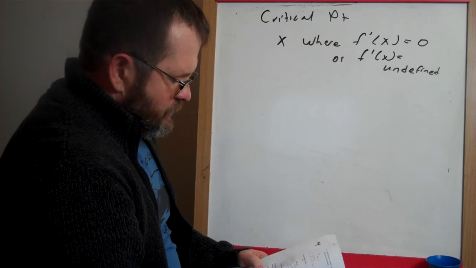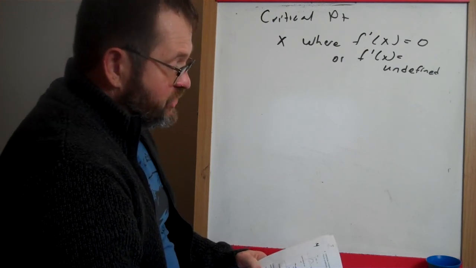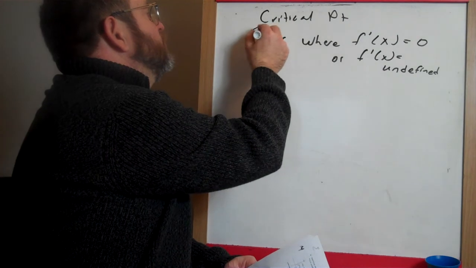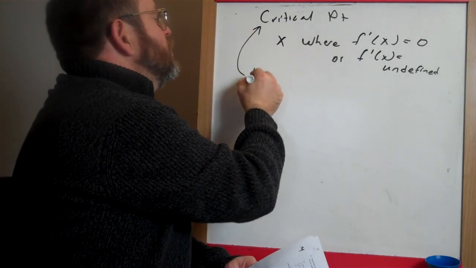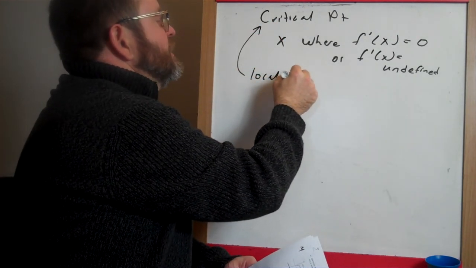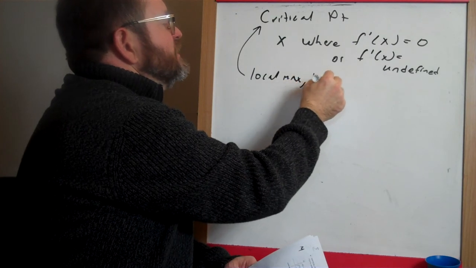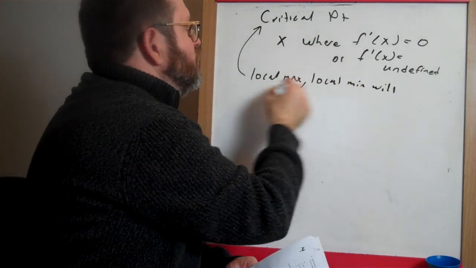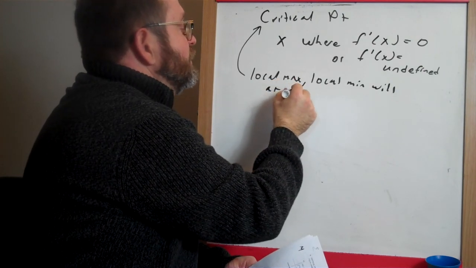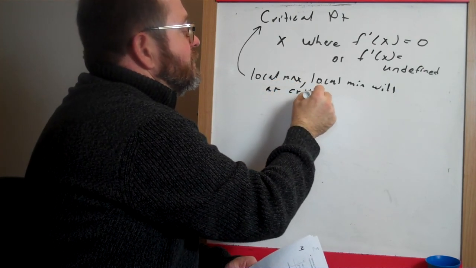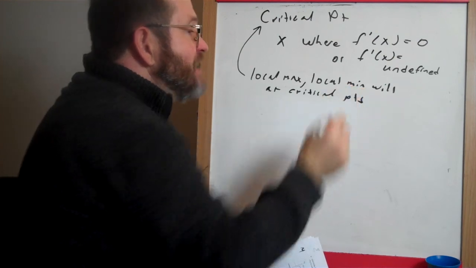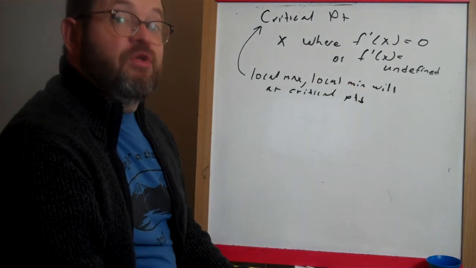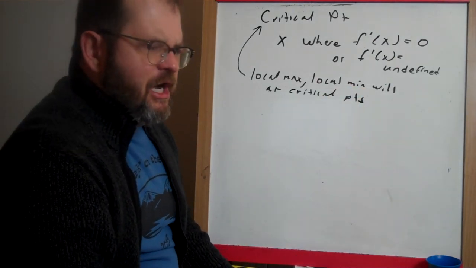We'll be finding critical points of functions, but critical points of functions will... local maxima and local mins will be there. Will be at critical points. Not necessarily, okay, let me finish this up here. There might be more critical points than just the local maxima and minima.